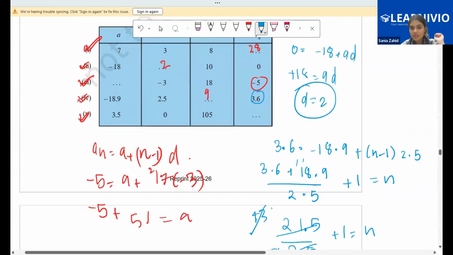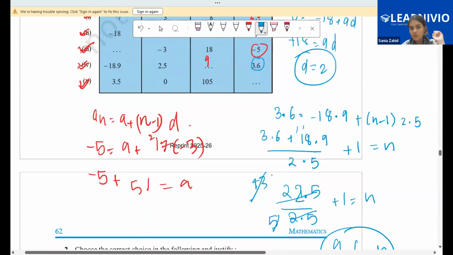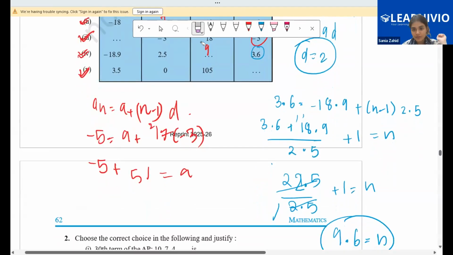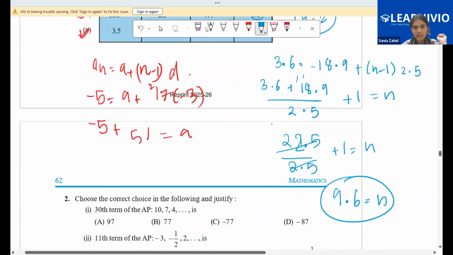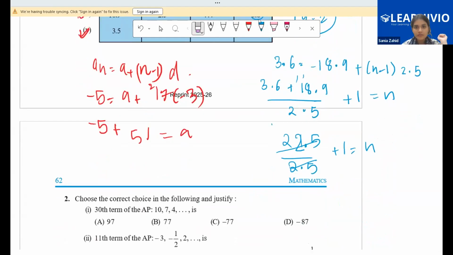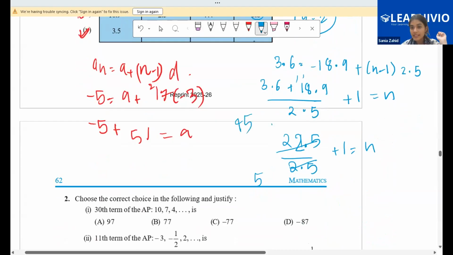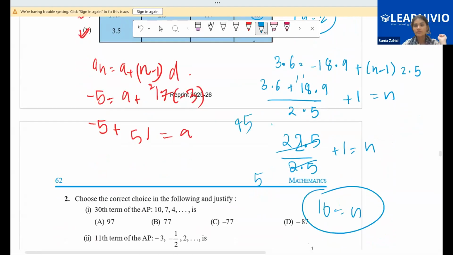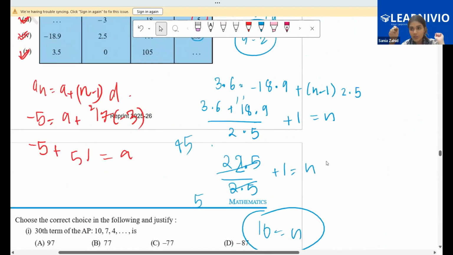Wait, this is 22.5. Okay, but we aren't getting 9. What are we getting? We are getting 10 as our answer. You have to add 1 also, right? Because that's n minus 1, and to get the value of n, you transpose minus 1 to the other side and you get 9 plus 1. So the answer is 10.